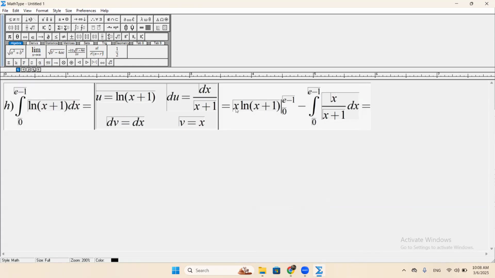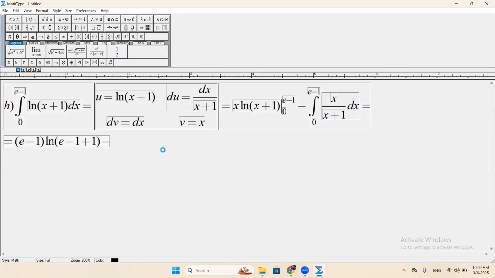Okay, what about this integral? So when x equals 0, this expression will be equal to 0. So let's calculate first this expression, and then we'll move to the integral. So e minus 1 multiplied by logarithm of e minus 1 plus 1, and minus this integral.